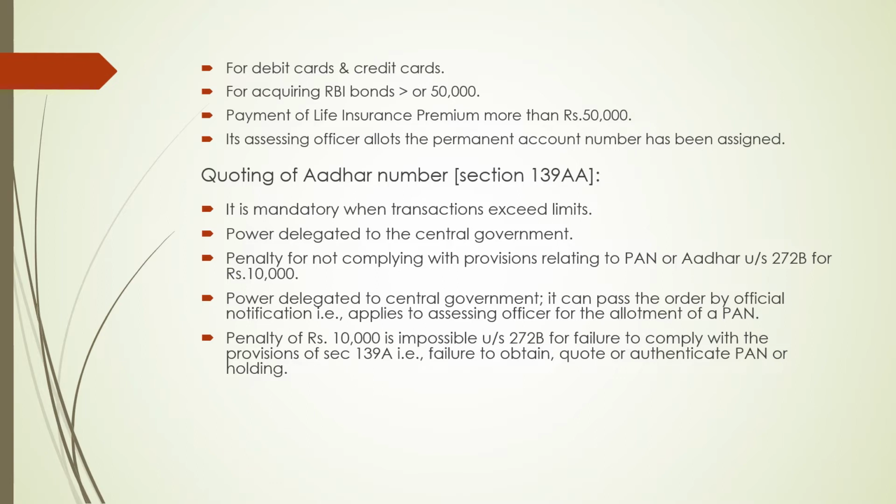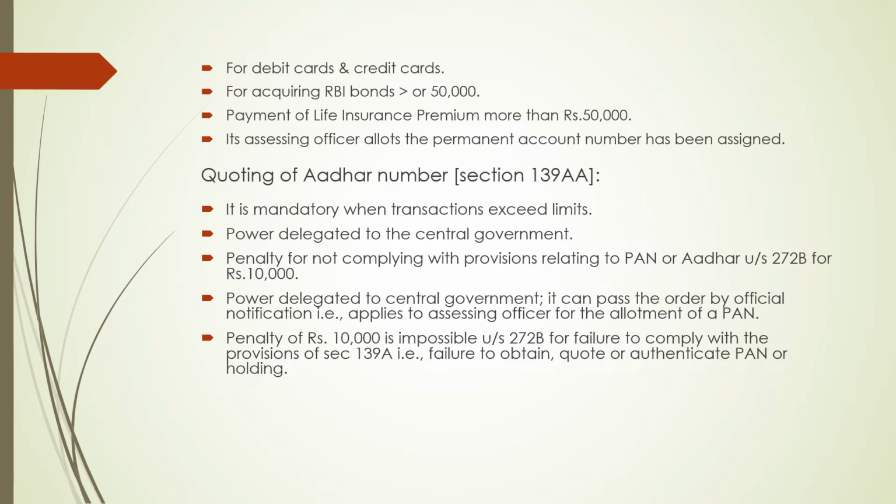Penalty for not complying with the provisions relating to PAN or Aadhaar is under section 272B, for rupees 10,000. If you are not following the procedural compliance rules regarding quoting of Aadhaar number or PAN number, you will be penalized up to rupees 10,000.